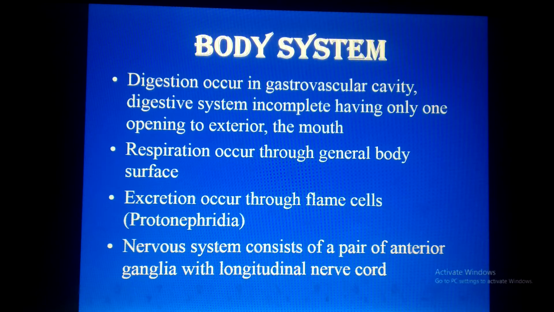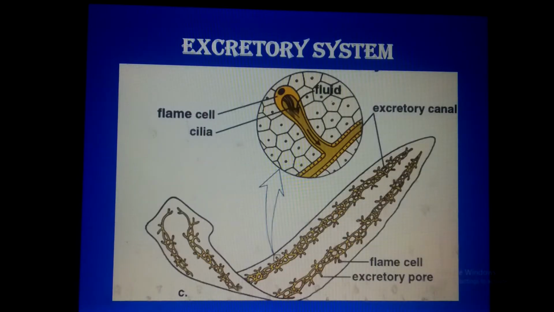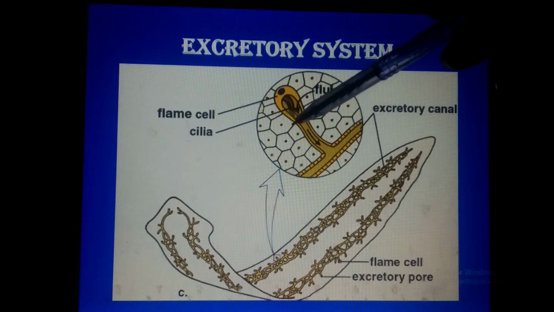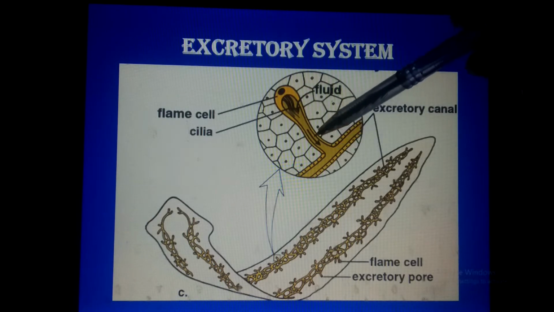They have an excretory system, and I will show you here. This is the excretory system of the Platyhelminthes, the flatworms. The scientists gave the name flame cell because of the flickering of the cilia. This is the flame cell, and the cilia of the flame cell, what will happen?